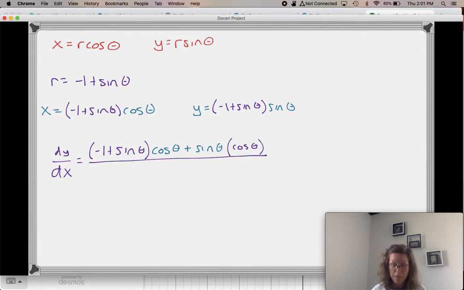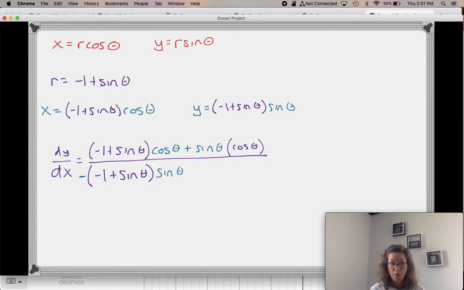And then on the bottom now, dx, we're going to look at the x equation and do the same thing, do the product rule. So product rule there, first is the function, d second: the derivative of cosine is negative sine. I put that negative out in front so it doesn't look like I'm doing purple minus blue, or you could put parentheses around it and keep the negative sign together with parentheses around it.